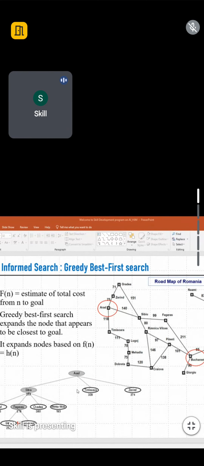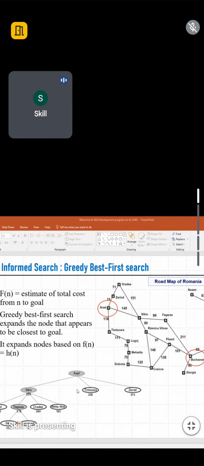Okay, now we have seen how greedy best first search can be used. We'll move on to the next technique in informed search, A star search. So another technique we will see here. Here another function will be used for evaluating.